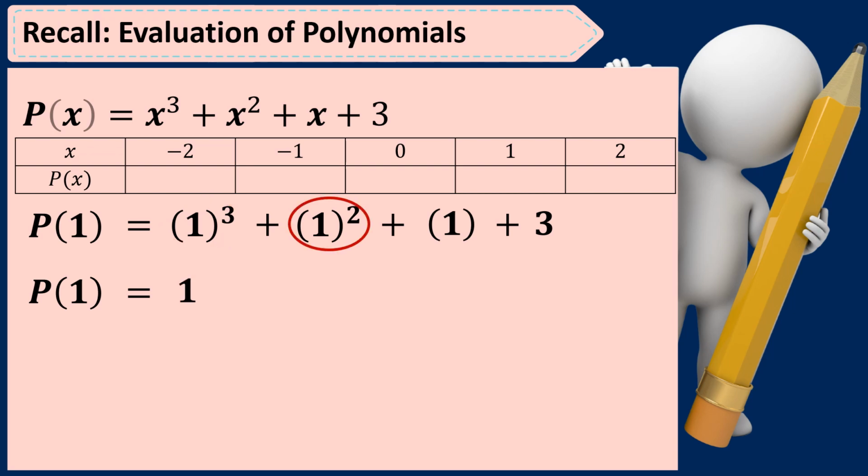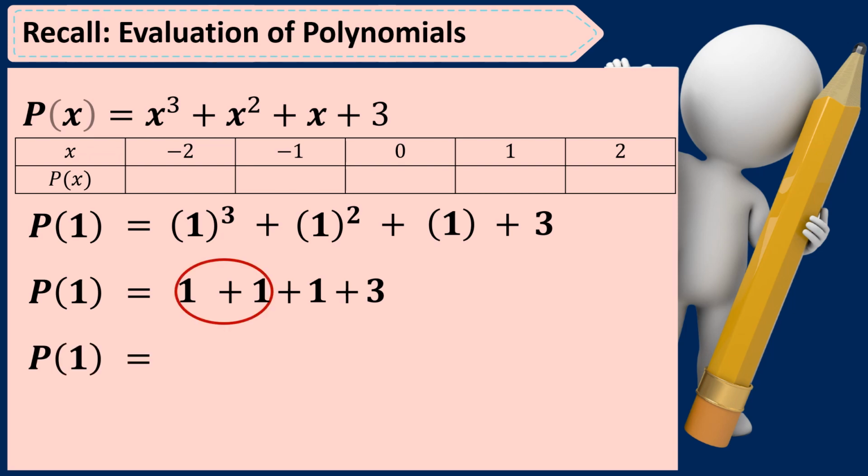The square of 1 is 1. We copy plus 1 and plus 3. 1 plus 1 is equal to 2. 2 plus 1 is equal to 3. 3 plus 3 is equal to 6. So P of 1 is equal to positive 6.